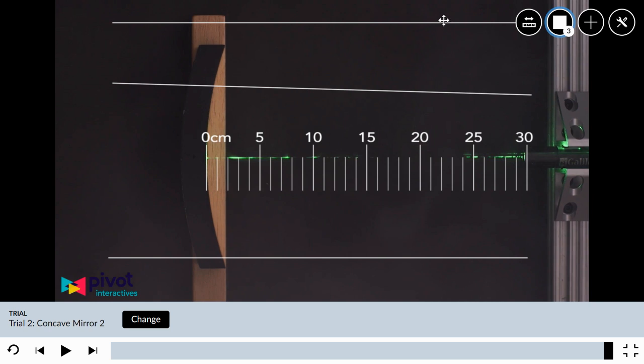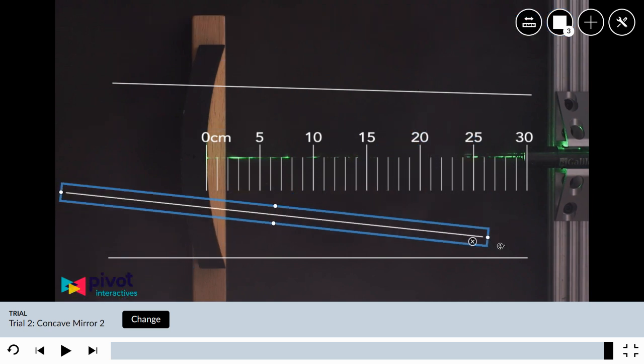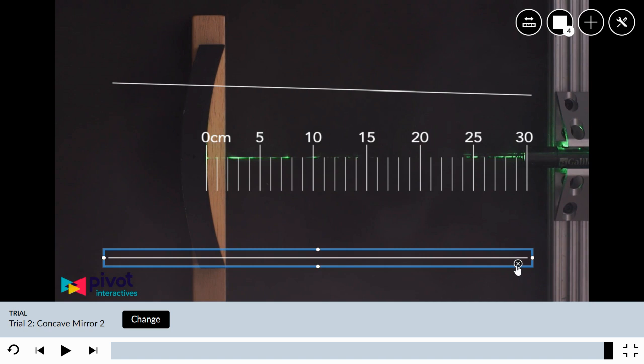Come up with a technique with these lines that's going to allow you to get an approximation for the radius of curvature. So it's those things that we're measuring. What kind of relationship is there between the radius of curvature and the focal length of the mirror?